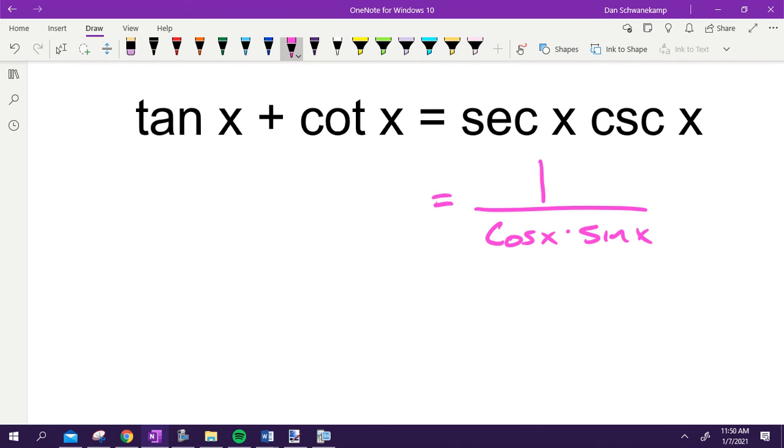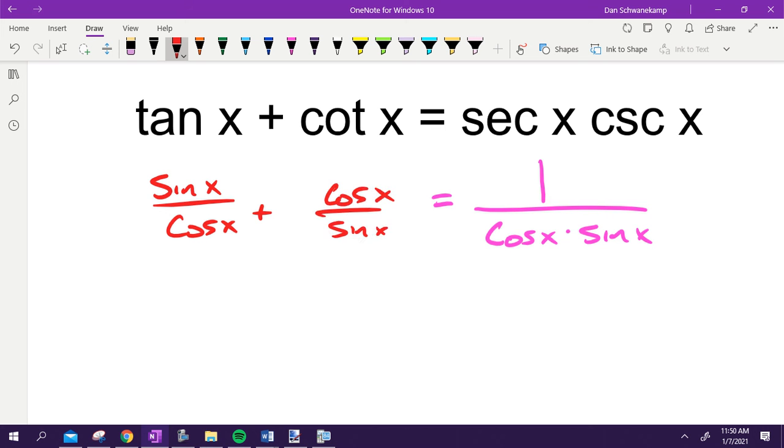Cosine x, sine x. If I do tangent first, tangent is sine over cosine. And cotangent is cosine over sine. I have two fractions that are being added. If you have two fractions that are trying to be added, what should you do? Common denominator. So this one needs a sine on top and bottom to match that guy.